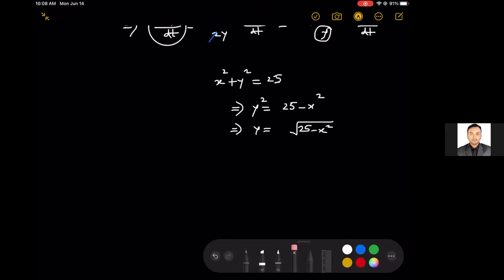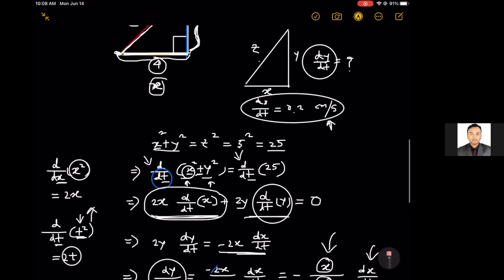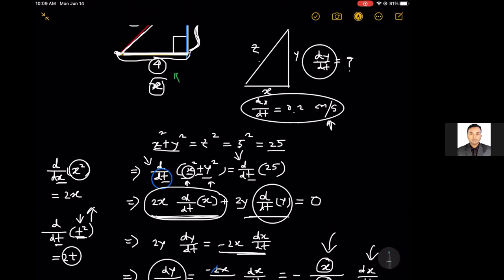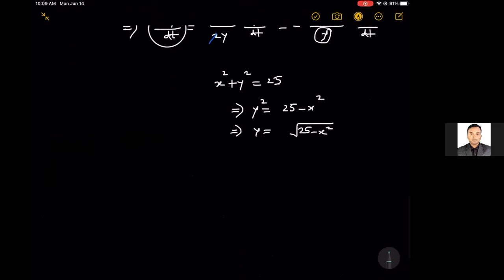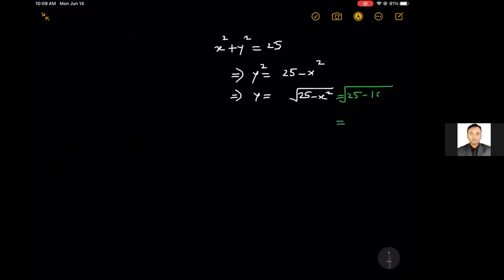Since x is 4, if I plug in the value of x here, I'll get y. So 25 minus 16, that's 9.